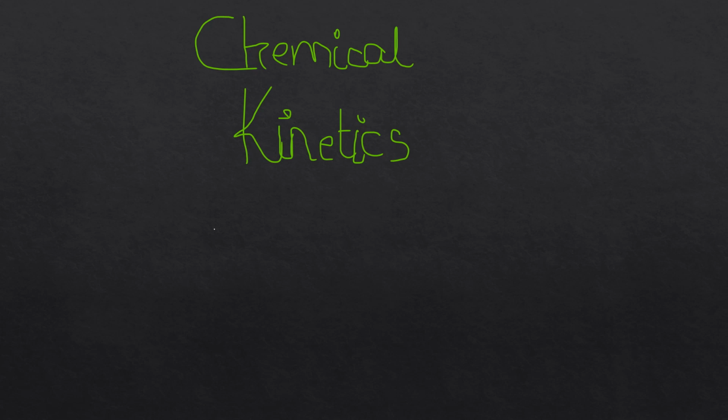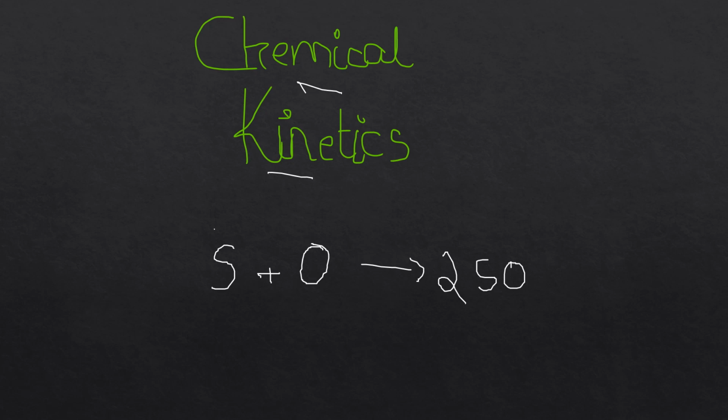The point to be noted here is that chemical kinetics is way different than stoichiometry, which deals with the theoretical assumption. Just suppose that we have S plus O that produces 2SO, and in stoichiometry we balance it, here the 2 and here the 2, and this is how stoichiometry works.